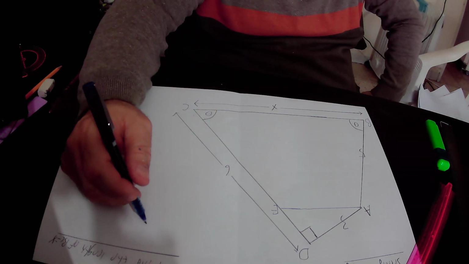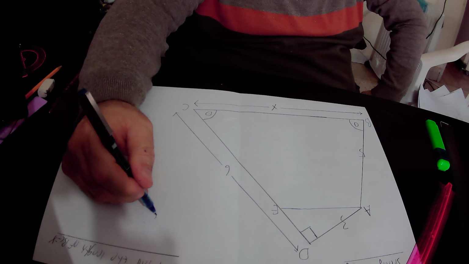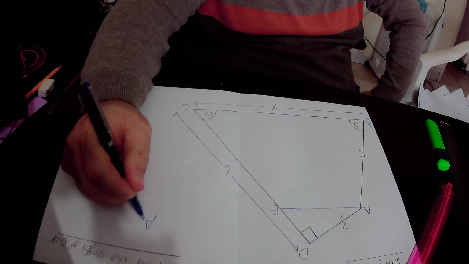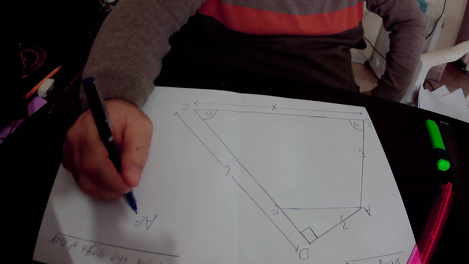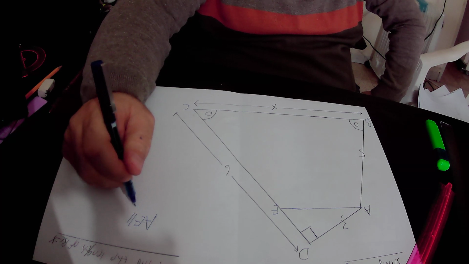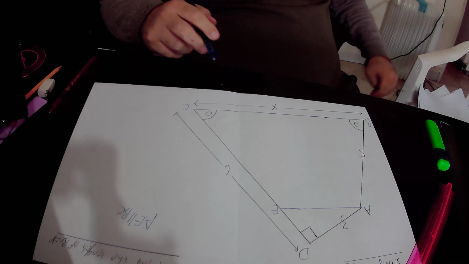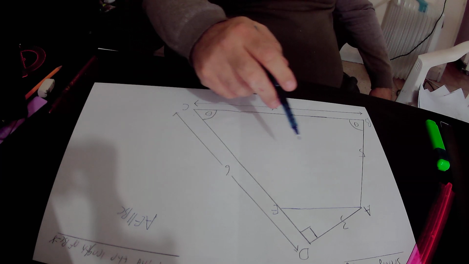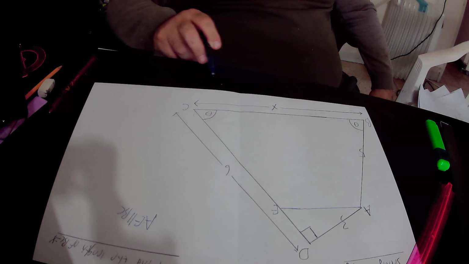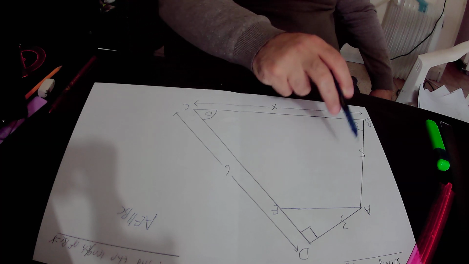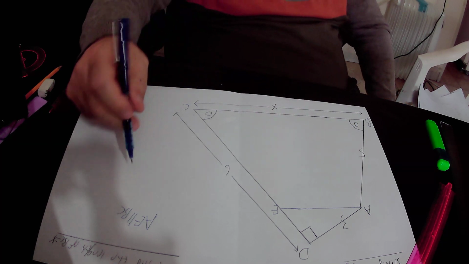So here, according to our construction, AE is parallel to BC. I'll repeat again, we drew the straight line in such a way that AE is parallel to BC, according to our construction.